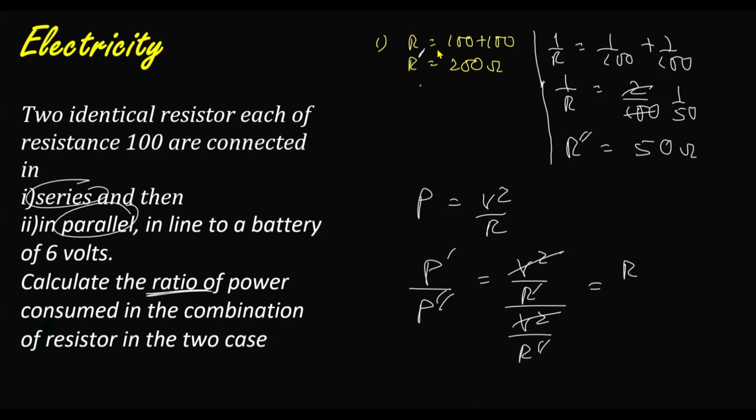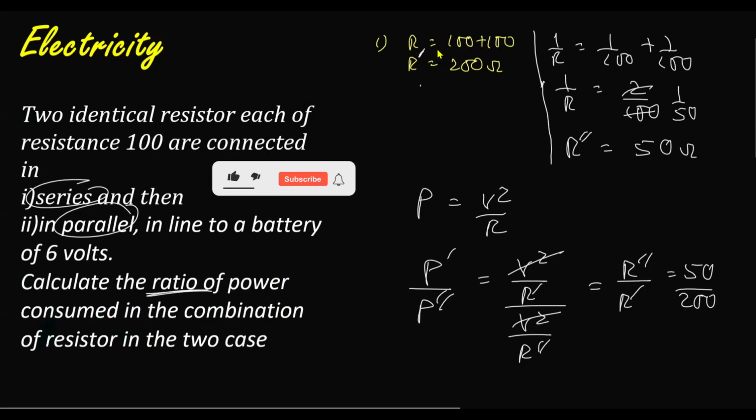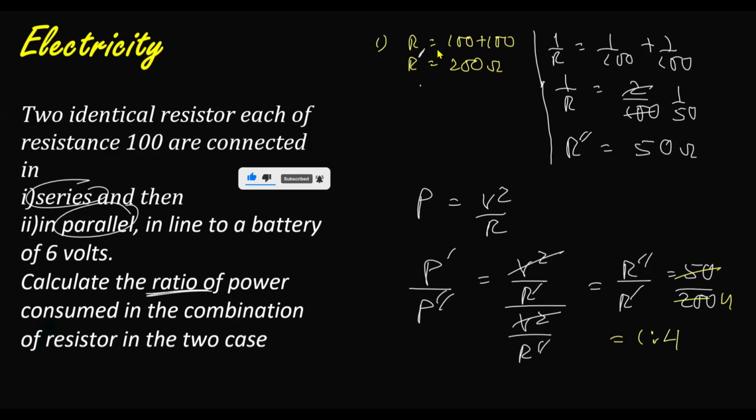By simplifying, it comes as R double dash over R dash. R double dash is 50, and R dash is 200. I can reduce it further, and this comes out to 1 over 4. So the required ratio is 1 is to 4. That's how we will do this question.